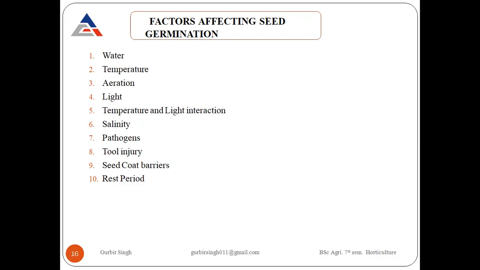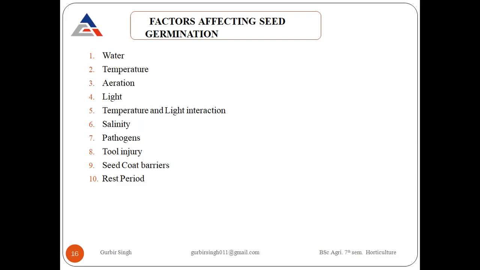The seed coat of some species is impermeable to water due to the presence of some macrosclereid cells which inhibit water entry. As a result, the non-dormant embryo is unable to develop and emerge due to moisture stress. Next is rest period. Post-extraction rest period is sometimes responsible for poor germination.